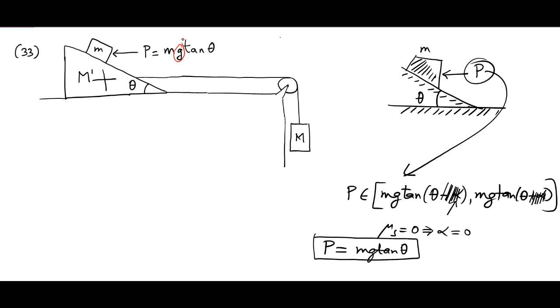So to make this point clear, if I draw the FBD of the figure on the block on the right, the forces are mg in the downward direction, and there's a normal reaction which is perpendicular to the inclined plane, and there is this third force P which is equal to mg times tan theta, and it just manages to hold the block in equilibrium.